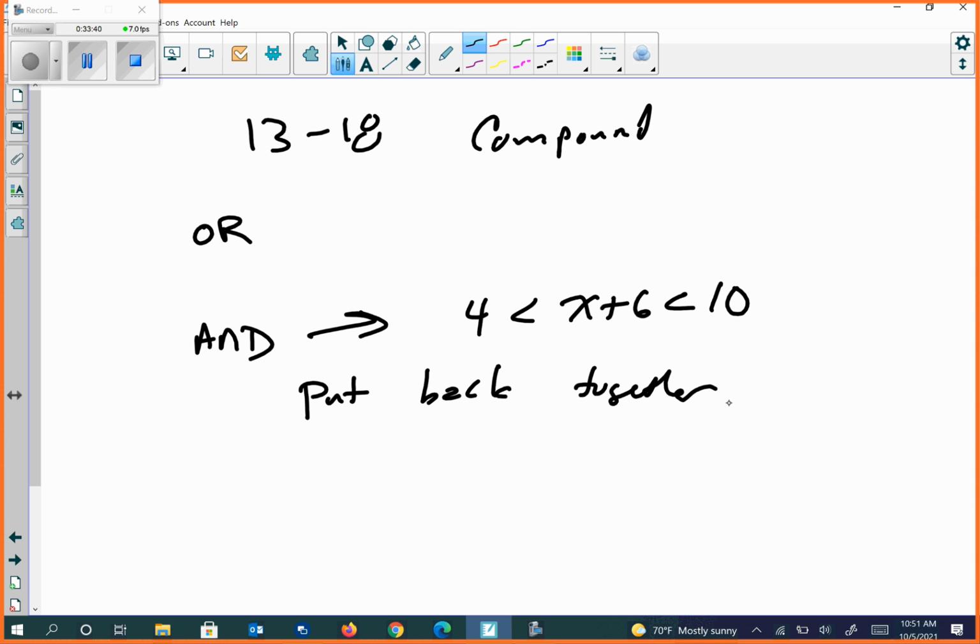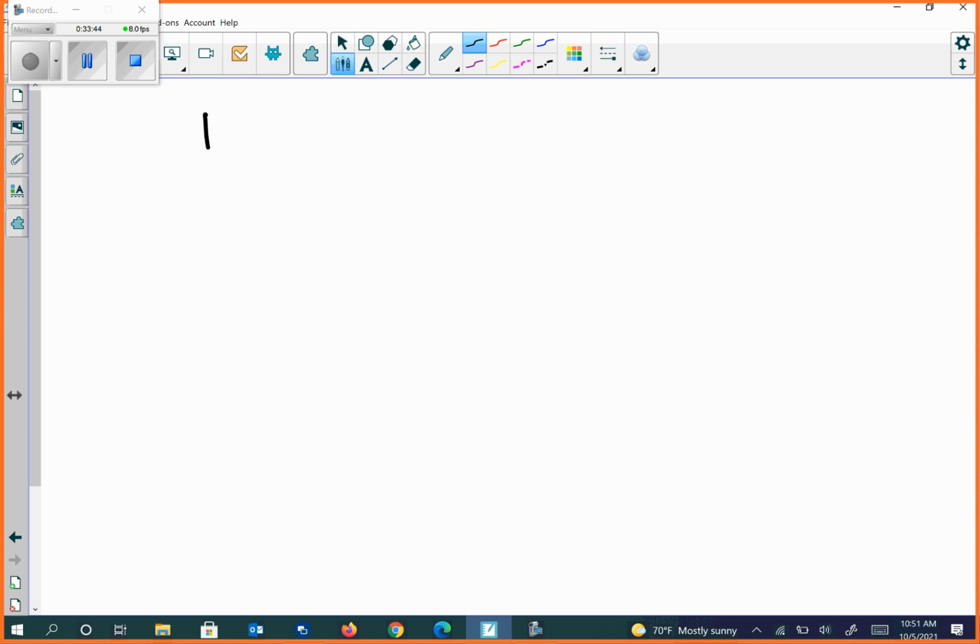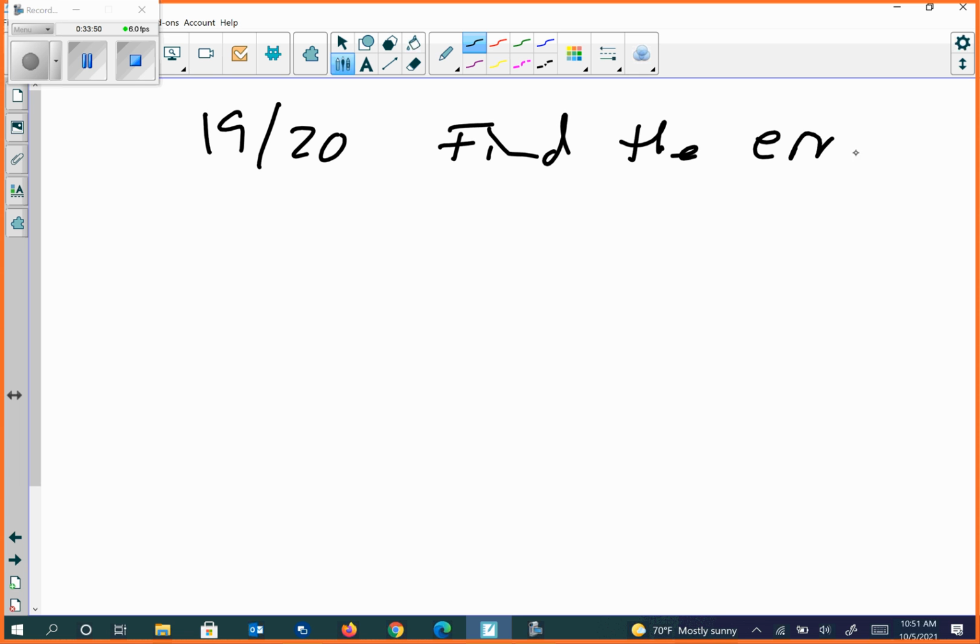Okay, and then the last two problems on the test, 19 or 20, is find the error. Okay, so you might have a problem like this. Let's say a problem like this is given to you on the test.